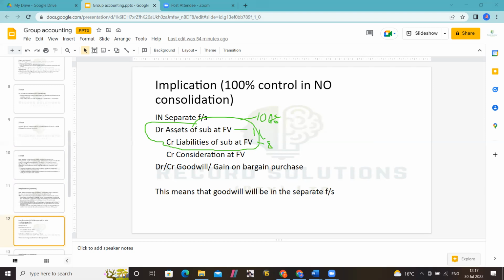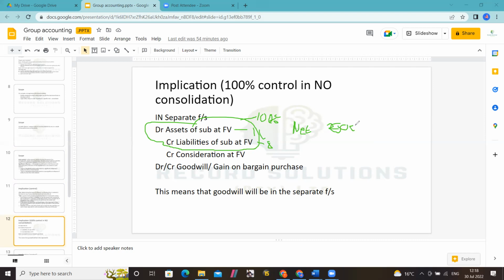Because these are identifiable assets and liabilities, identifiable assets minus identifiable liabilities gives you net identifiable assets. So now you have this net identifiable asset amount of how much? 20,000. So what does it mean?